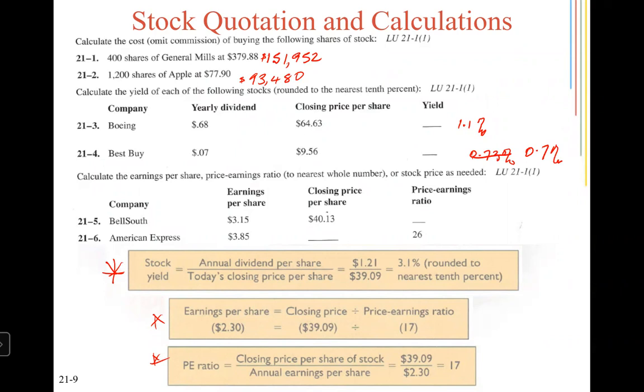You said 13? Yes, it's 12.7, and then if I round it, it would be 13. Okay, so rounding to the nearest whole number would be 13. All right. And then the last one now says you have to find the closing price per share. Earnings per share, okay. So you divide the closing.